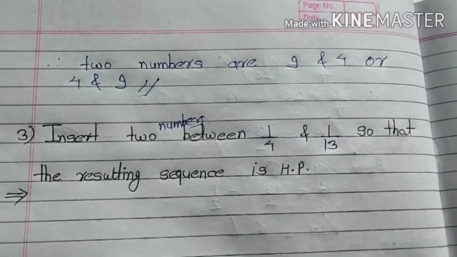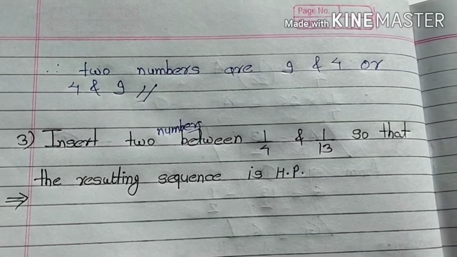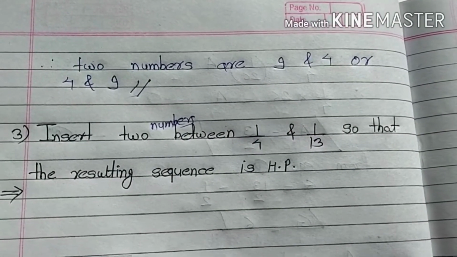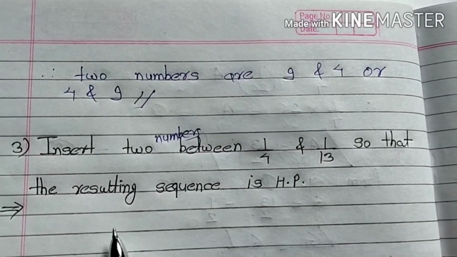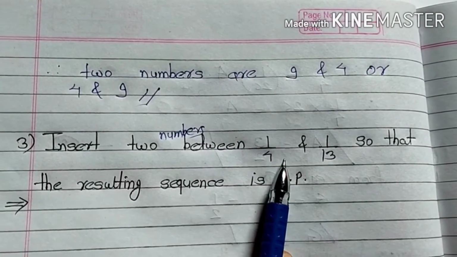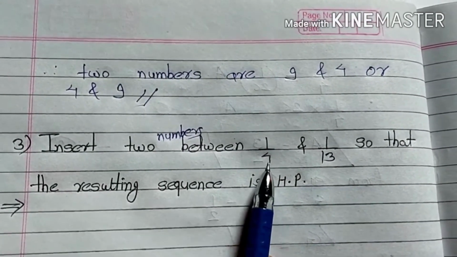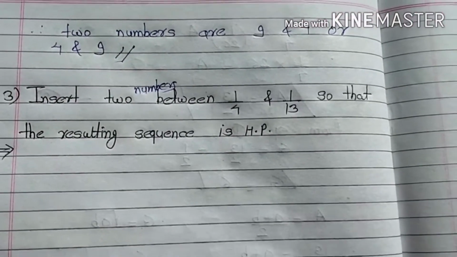Now the next example: insert two numbers between 1/4 and 1/13 so that the resulting sequence is HP. So we have to find the sequence which is HP, and also we have to find the numbers between 1/4 and 1/13. So let us start to solve it.